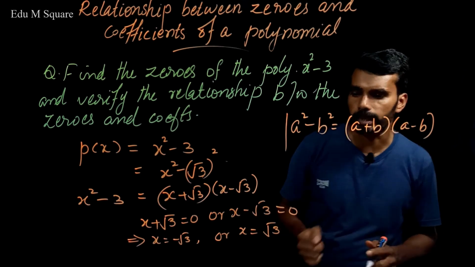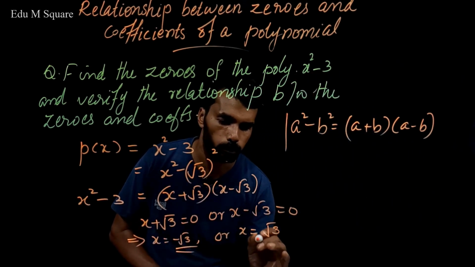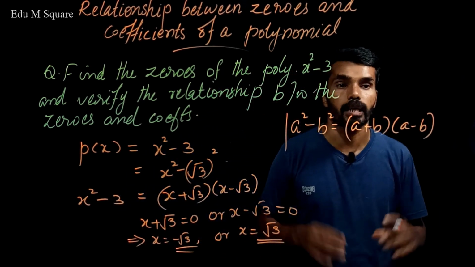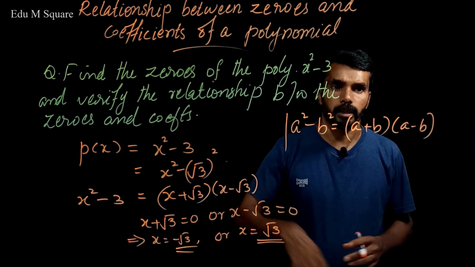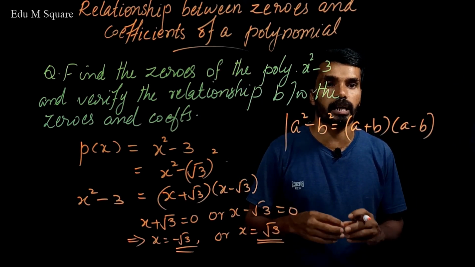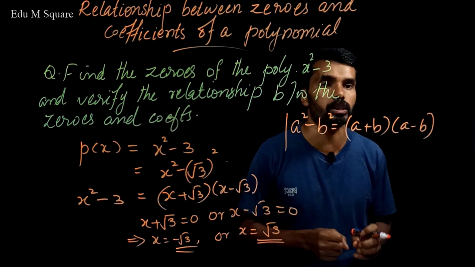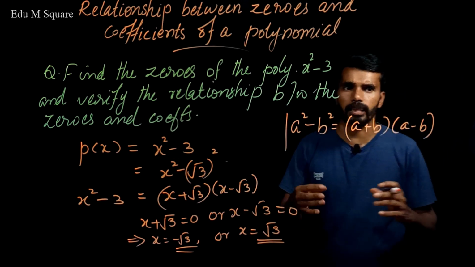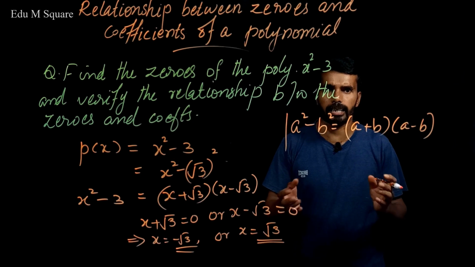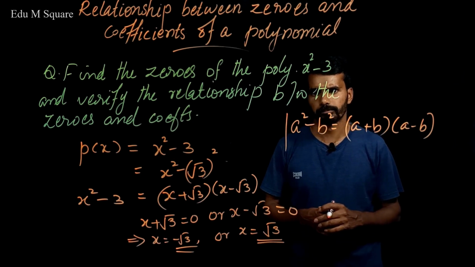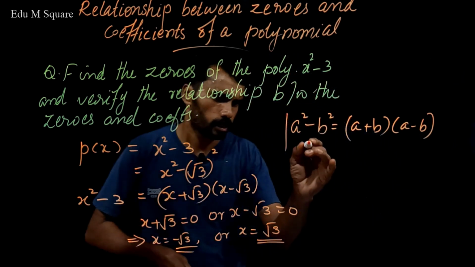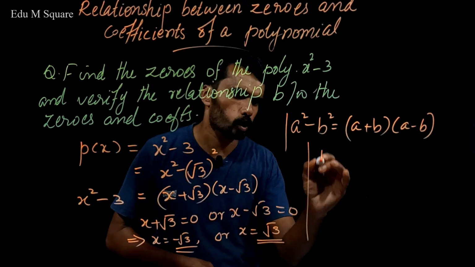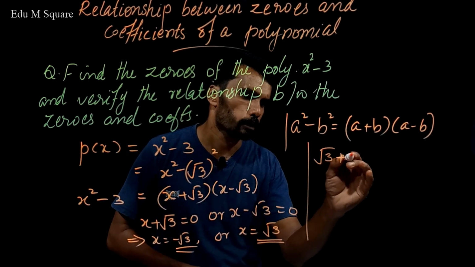So these are the two zeros, minus root 3 and root 3. Now the second part, verify the relationship between the zeros and their coefficients. So let us find the sum of these zeros and let us find their product. So first the sum, that is root 3 plus minus root 3.